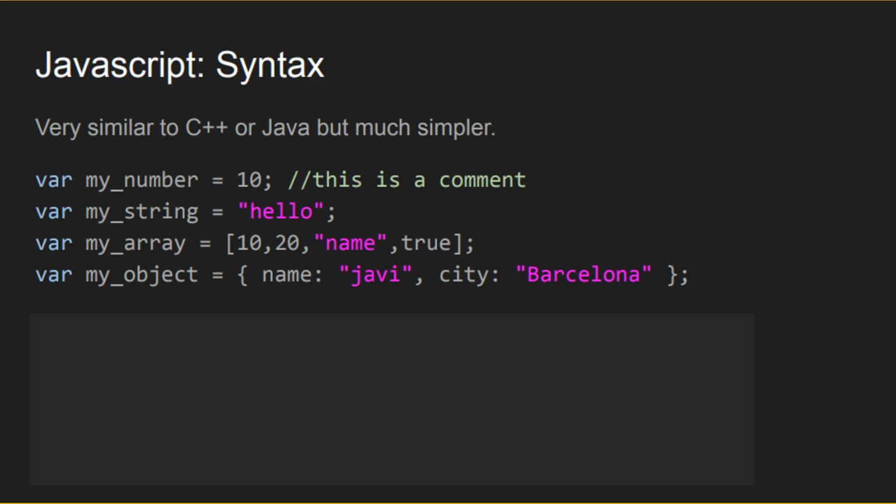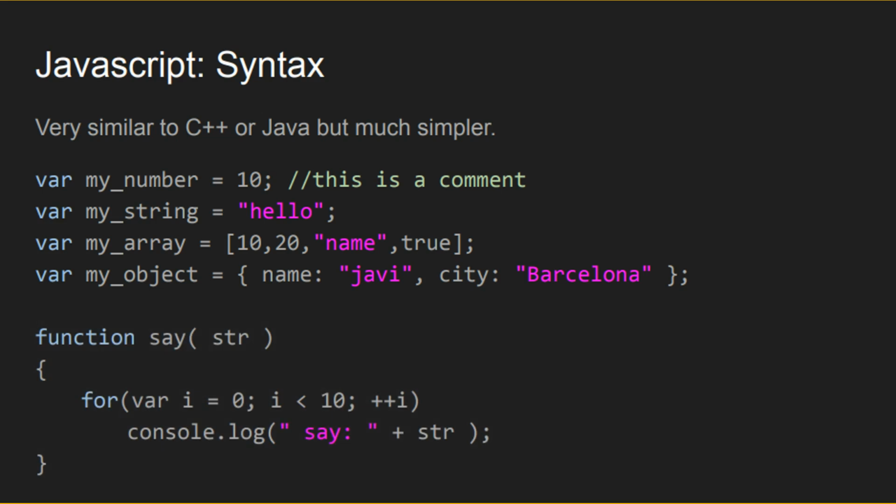We also have functions in JavaScript, like function say, with the parameter str, and inside that we have a for loop: for var i equals 0, i is less than 10, i plus plus, and then console.log say plus string. So it's just simple.